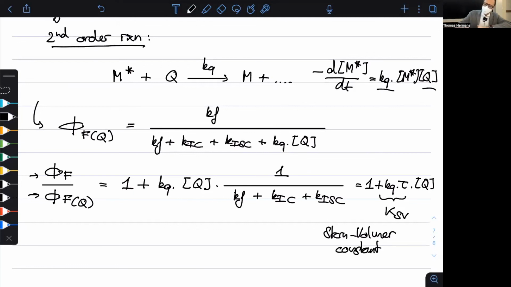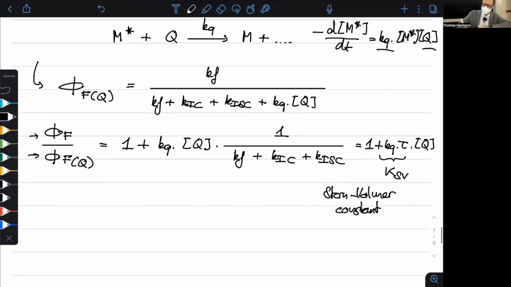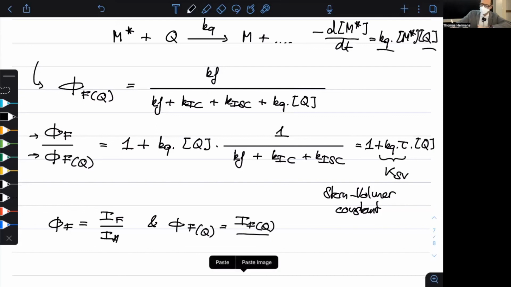Okay, so before we said that quantum yield is intensity of fluorescence over that of absorption. So if quantum yield is high, you get a lot of light out. And the same thing we can write for quantum yield in presence of a quencher. That will just be the intensity of fluorescence with the quencher over the absorbed intensity.